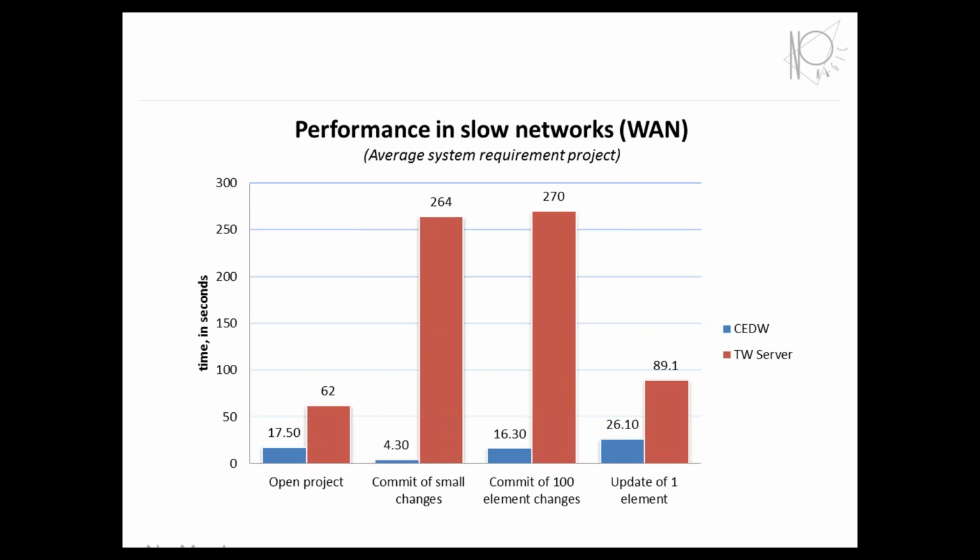If I switch to the slow network situation, where you have a remote environment, so the servers are somewhere in a not so fast network, we met such situations with clients as well, and then you would really see the huge difference, especially when you are committing small changes or slightly bigger changes to the teamwork server.